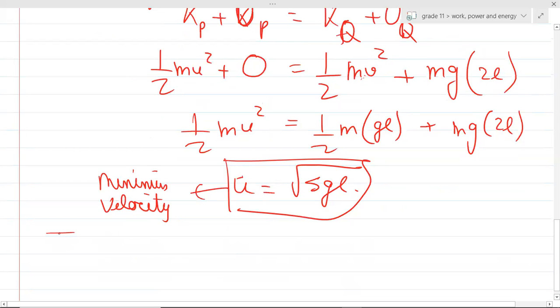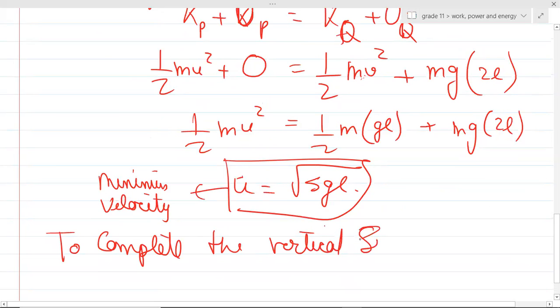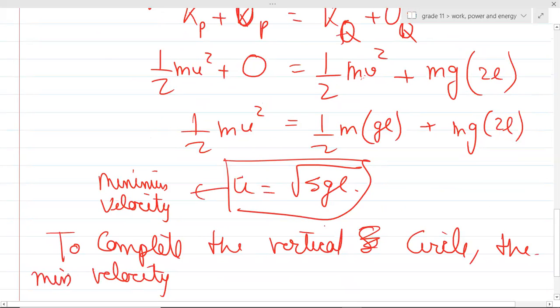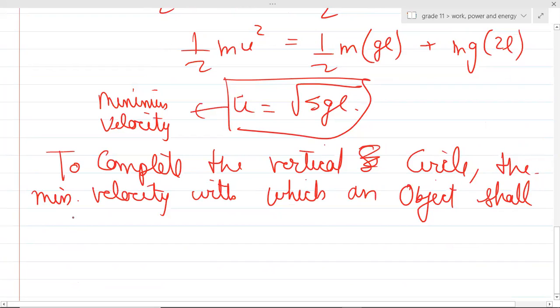So the final result will be: to complete the vertical circle, the velocity, and that too the minimum velocity with which an object shall be thrown is under root of 5gL.